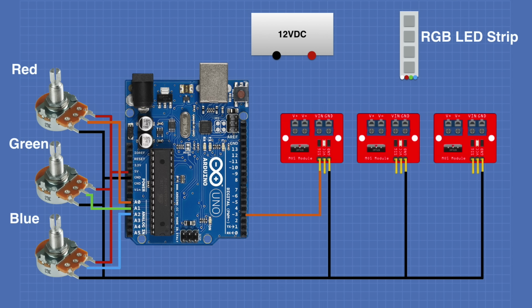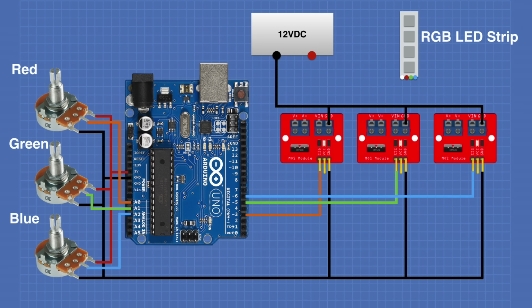Digital output pin 3 will be connected to the signal input on one of the MOSFETs. Pin 5 will be connected to the signal input on the second MOSFET, and pin 6 to the third MOSFET. We'll take the negative side of our power supply and connect it to the ground pins on the MOSFETs. The positive output of the 12-volt power supply will be connected to the common positive on the RGB LED strips.